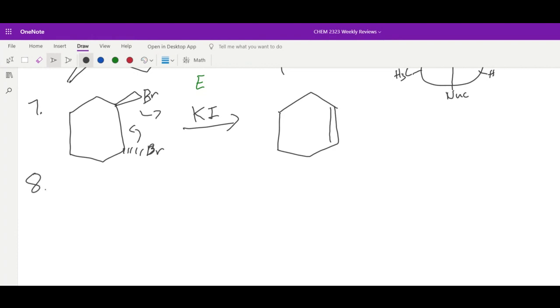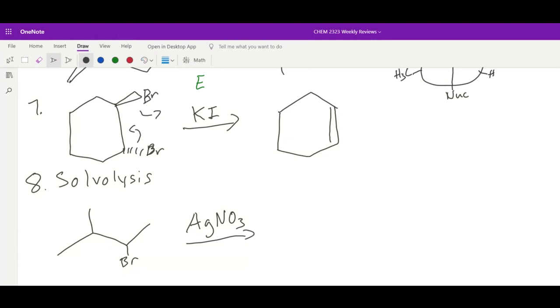Another one is something called solvolysis. Okay, now this one is very, very high yield, which means that it will always be on your quiz or exam, most likely. Which is AgNO3 and methanol.